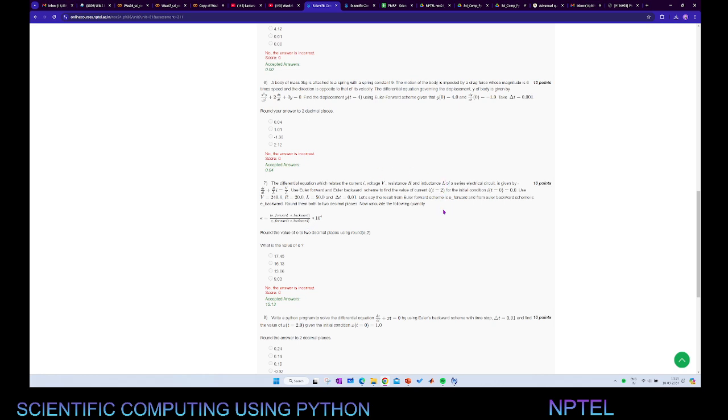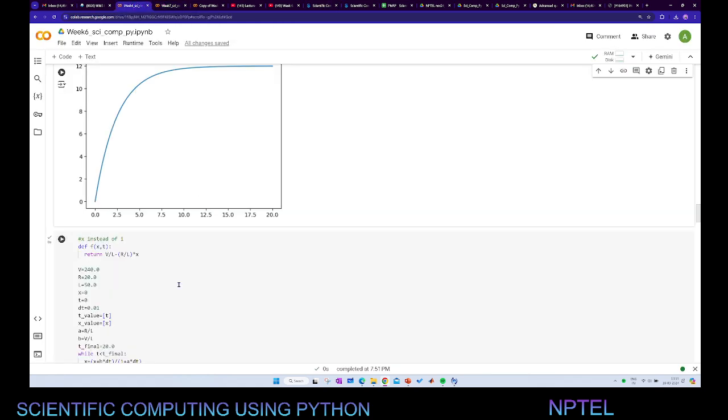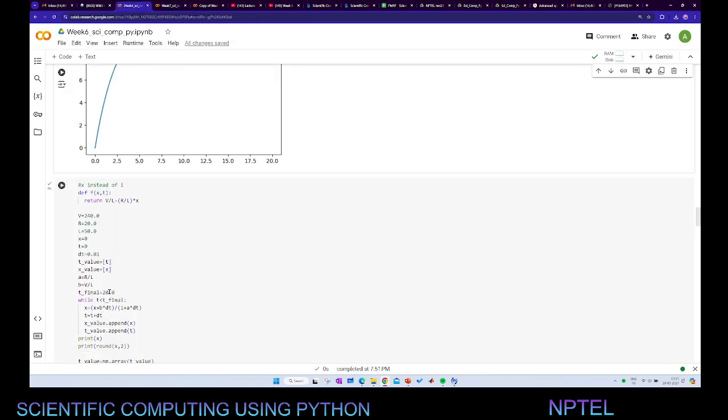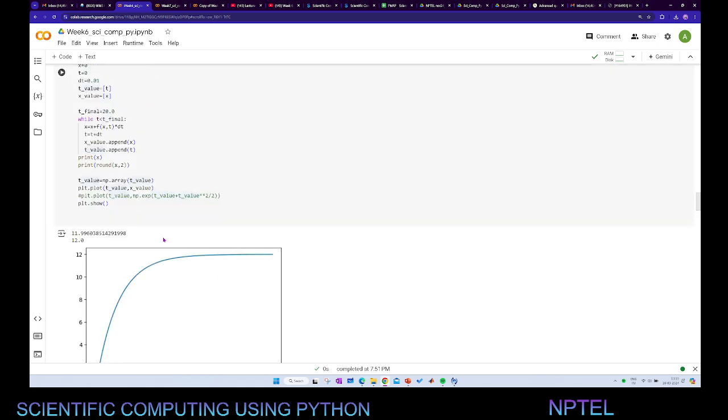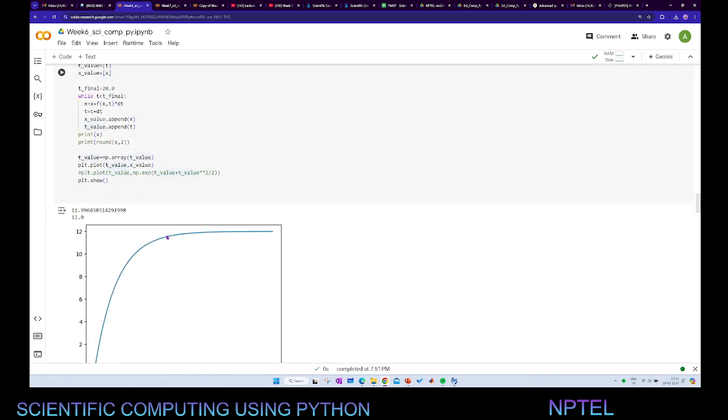The correct answer was 15 point something. And you got it? Yeah, I got it. Did you use t equal to 2 or 1? One second, sir. T final is 2. Oh, this is 20. My bad. Yeah, 20. Now I understand.